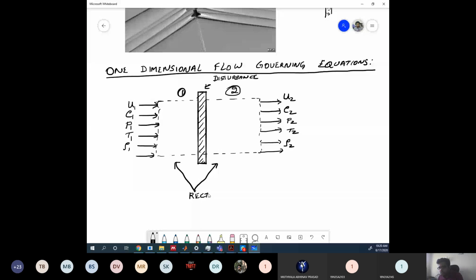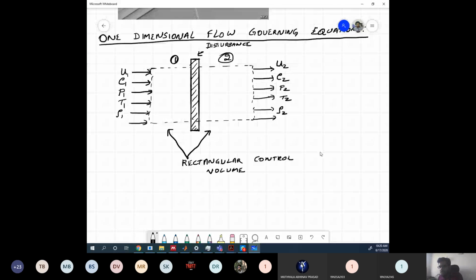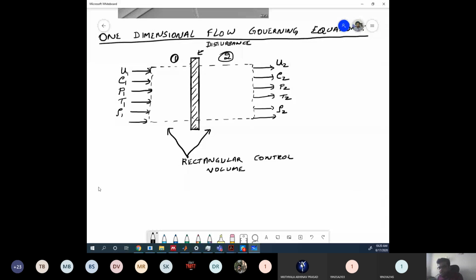So we'll take a control volume. This is a rectangular control volume. Okay. So this is the flow field.